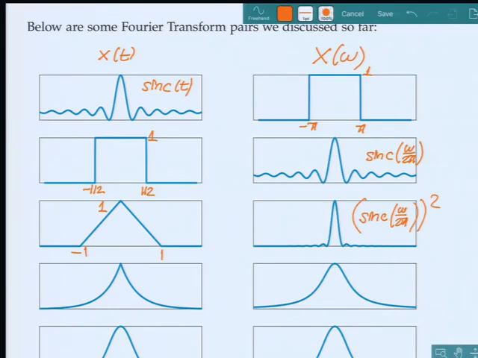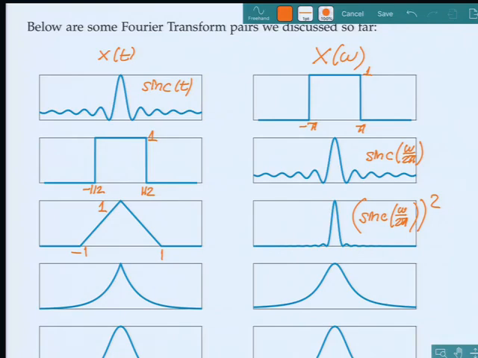And you see what happens to the sinc when you square it. First of all, the negative values disappear, obviously, because it's squared. So the parts that were on the negative side flip up. The other property is that because we are scaling it so much slimmer and sharper, it dies off so much more quickly.